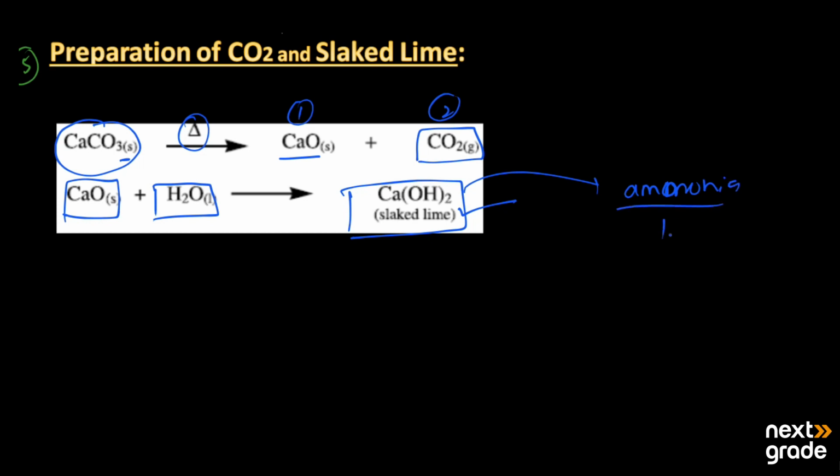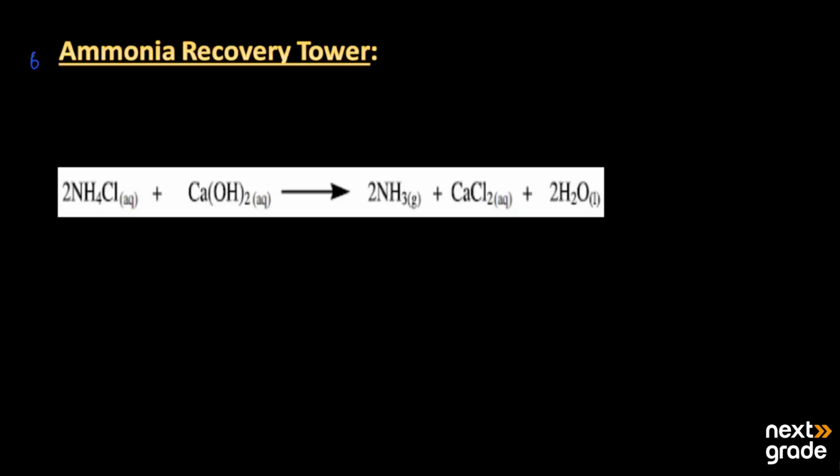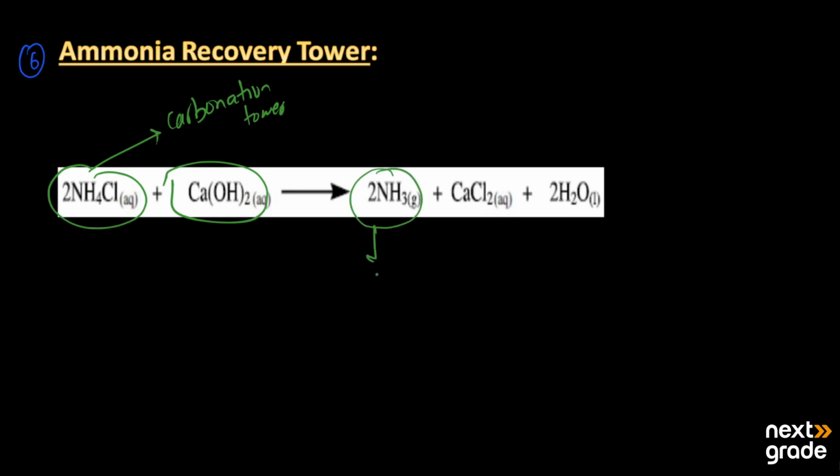When it is pumped to the ammonia tower, it further reacts in the sixth step, which is the ammonia recovery tower. What happens in the ammonia recovery tower? In this step, we react the ammonium chloride, the byproduct of the carbonation tower, with calcium hydroxide and produce ammonia that can be reused, along with calcium chloride and water.